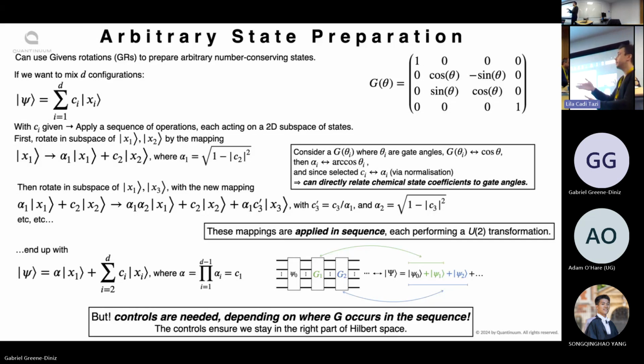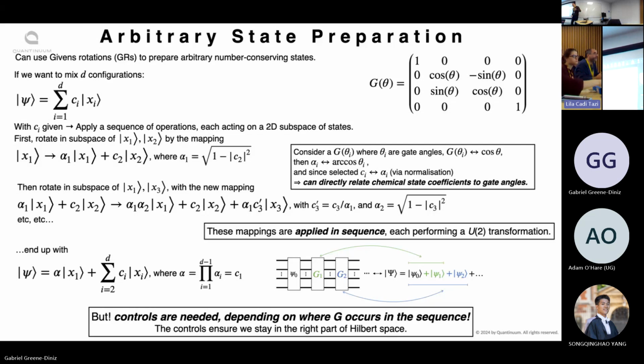And actually, in many cases, there are Givens rotations that don't need any controls at all. Because, as I'll show you in the next slide, you can end up in a case where a Givens rotation applied at an arbitrary point in the circuit cannot act on any of the basis states already there. Again, the reason goes back to that matrix representation: because of its matrix elements, it won't mix any basis states other than the one that it wants.